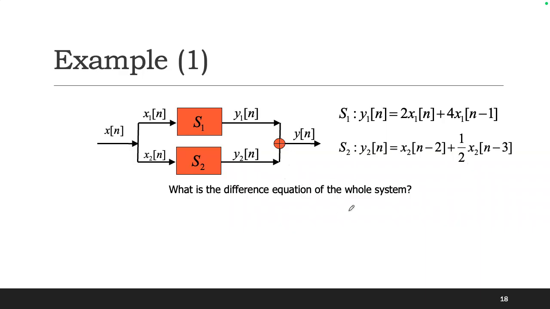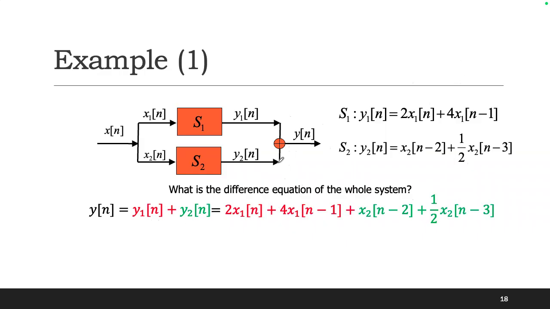So what's the whole system output? You can see, we know y[n] should equal y1[n] plus y2[n], am I right? Because here, this is an adder. That makes sense to you? And what is y1[n]? I have already given you, am I right?